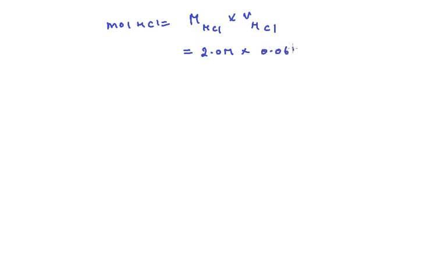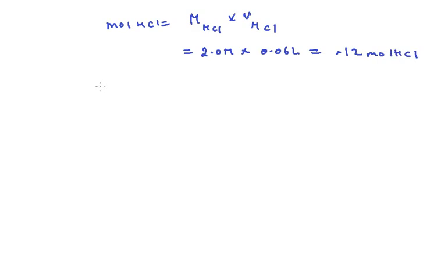It's 0.06 liter. So when you multiply 2 times 0.06, that would give you approximately 0.12 mole of hydrochloric acid.